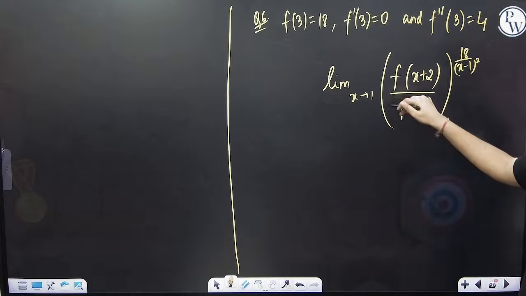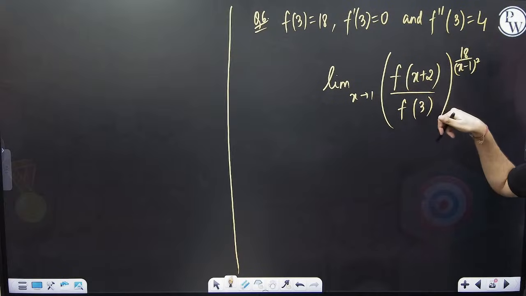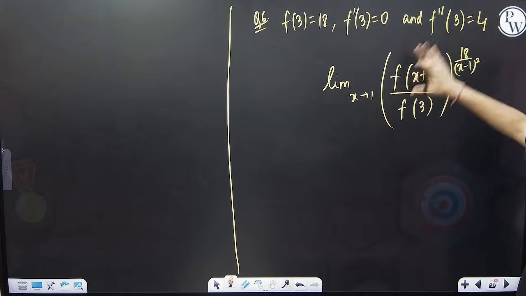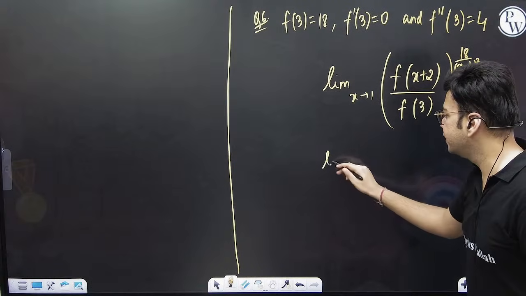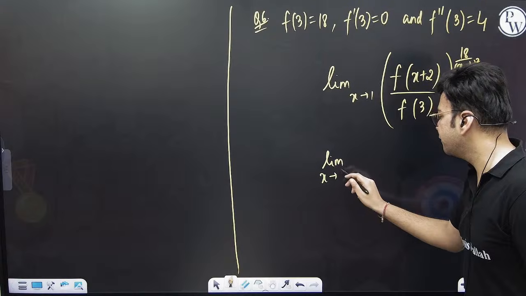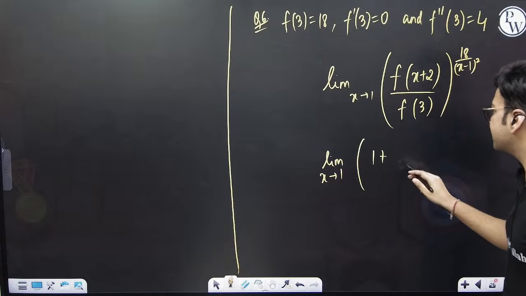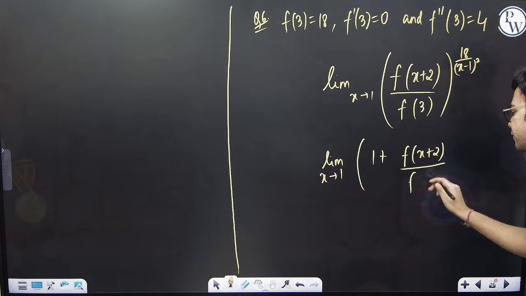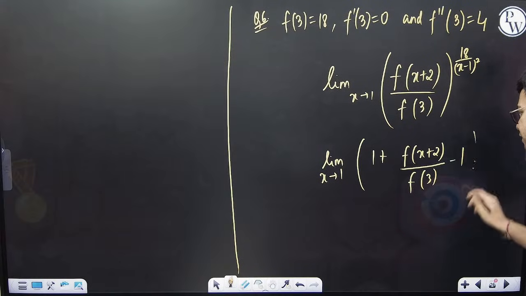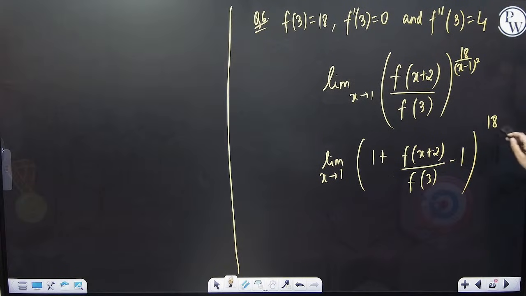You try to create 1 plus the whole thing, and that goes into the multiplication with the exponent. So what I'm doing is limit x tending to 1. First I'm writing this as 1 plus f of x plus 2 upon f of 3 minus 1, to the power 18 upon x minus 1 whole square.